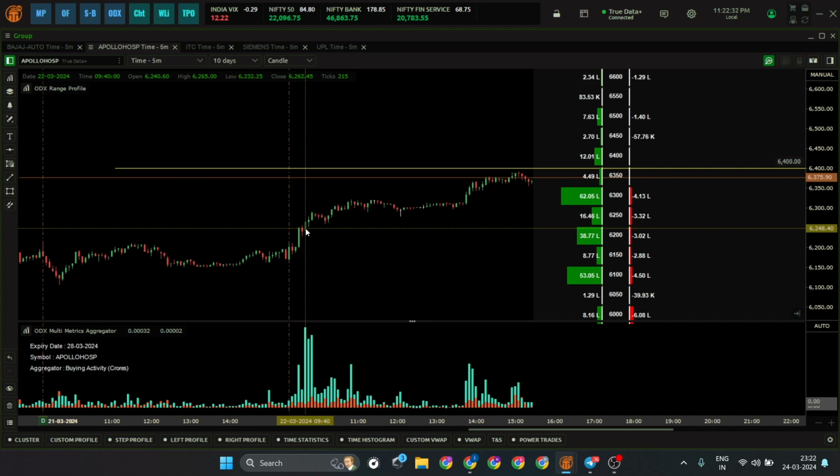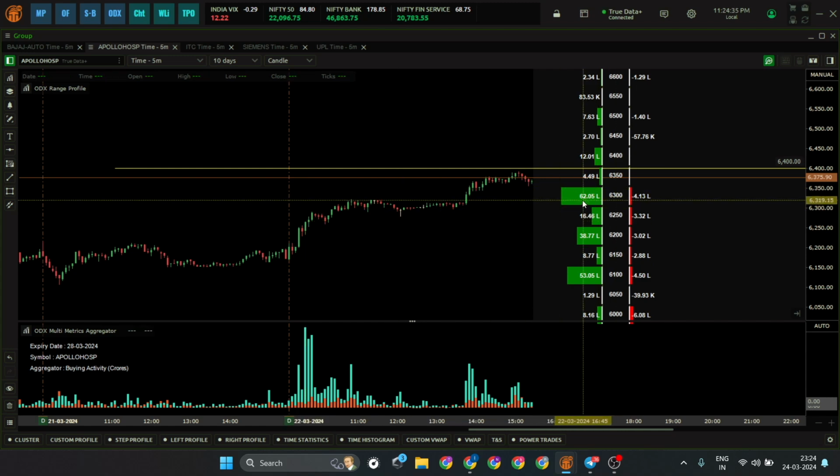But at the 940 candle, the price is somewhere near 6,266, but we are seeing 62.05 lakh at 6,300. And again I am seeing some activity in multiple strikes in the out of the money. That's the reason I take this sort of cases into consideration.